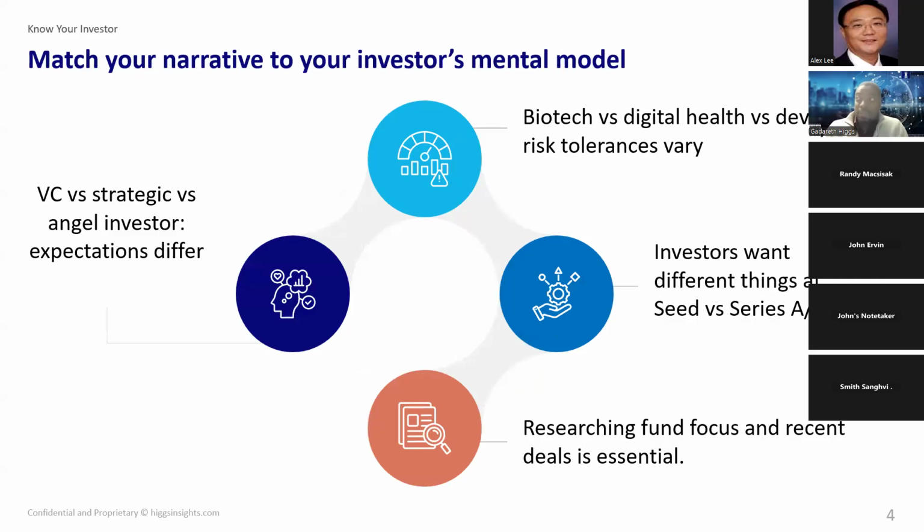So, for instance, if you're in the biotech sphere, then you need to make sure that you're adhering to the sorts of slides and the sorts of expectations of biotech investors. If you're in digital health, that's a different audience, and so you need to make sure that you're matching their expectations. Same thing if you're in devices.